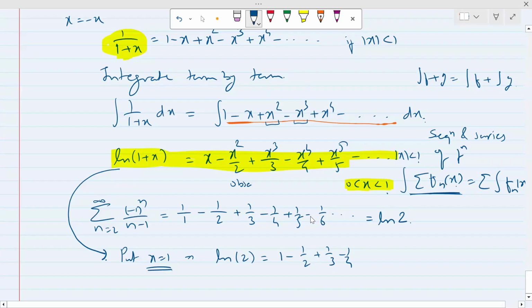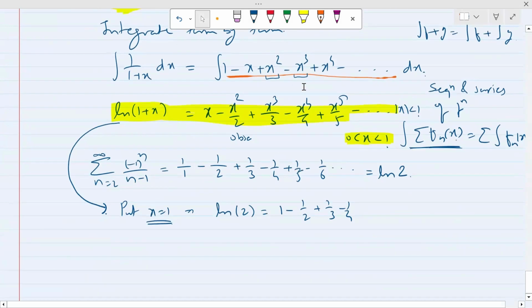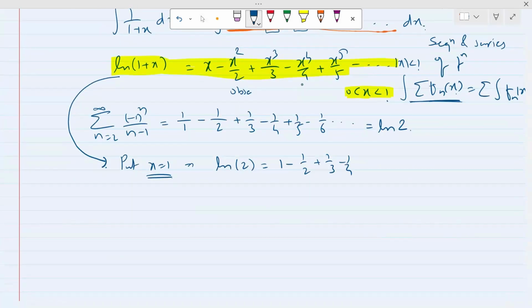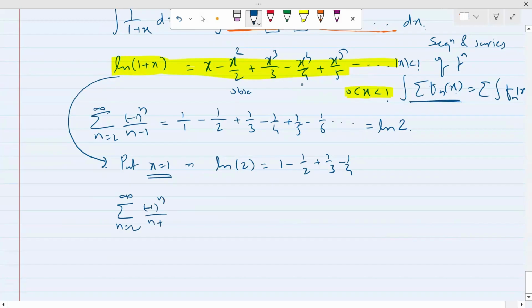Same way, we want the sum n from 2 to infinity of minus 1 raised to n upon n plus 2.